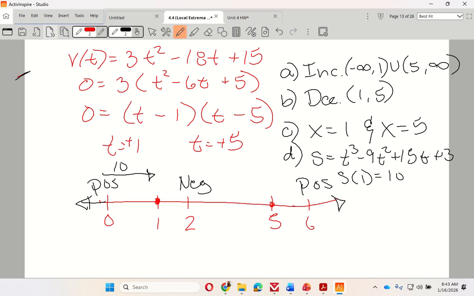All right, what is our position at 5? Because I changed direction, right? So at t equals 5, let's go ahead and plug that in. Plug that into my position. And I'm going to use a calculator because I don't want to try and do all those.